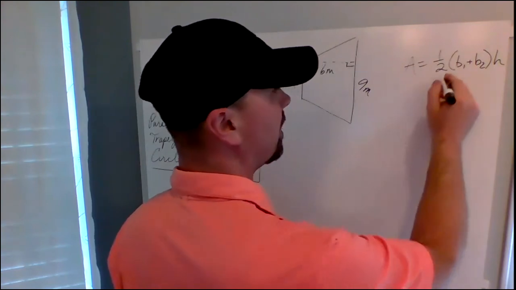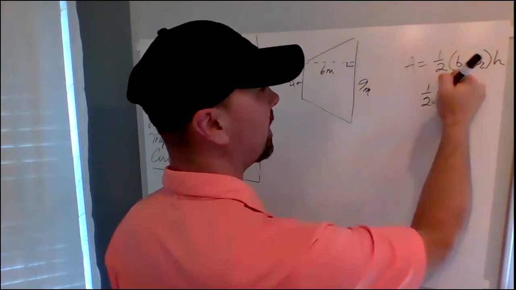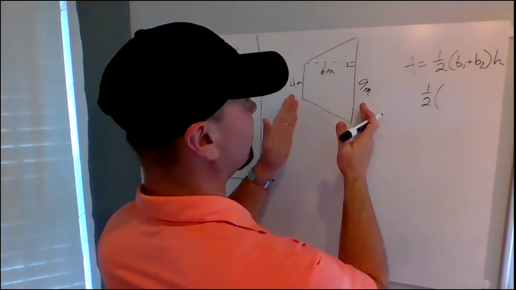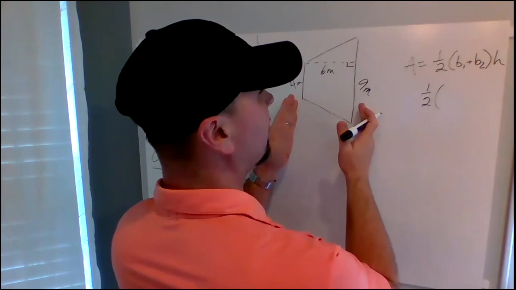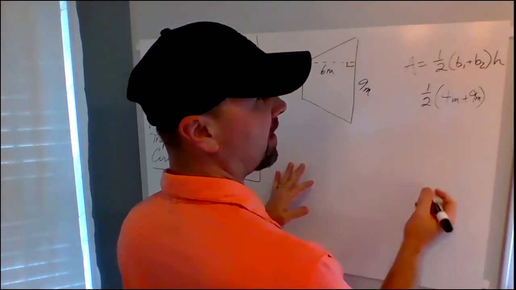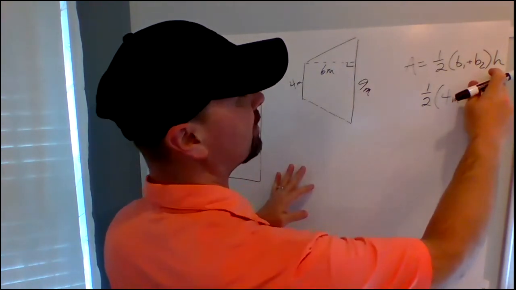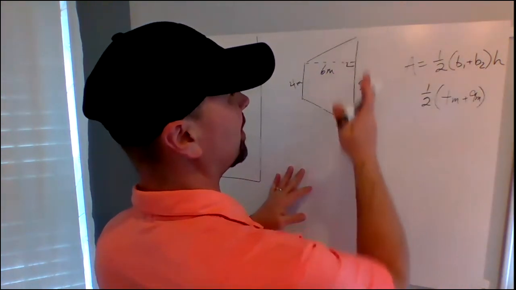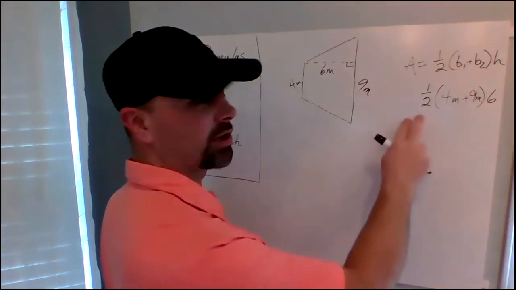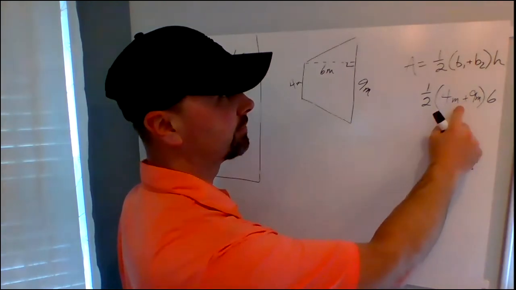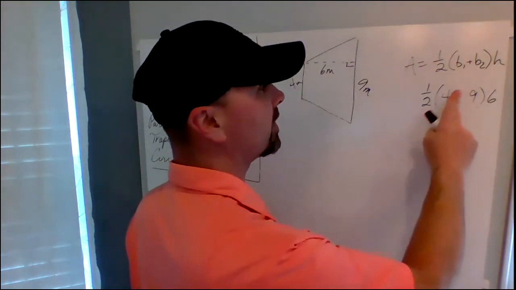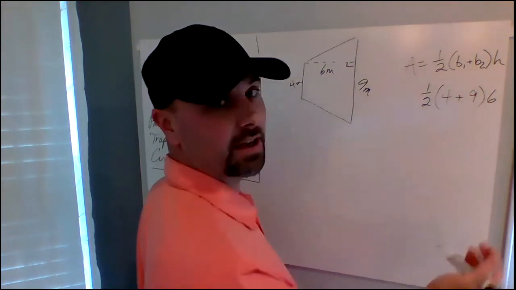So fill it in. 1/2 comes down. Base 1, remember our two bases are our parallel lines, parallel sides, 4 meters and 9 meters. Doesn't matter where they go, because we're going to add them together. So that makes the height. Remember, the height is going to be at a 90-degree angle with the base. So 6. So we're going to do 1/2 times, don't need the meters in there, sorry, 4 plus 9 times 6.